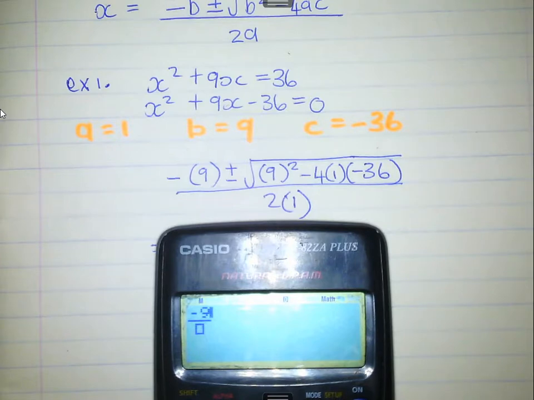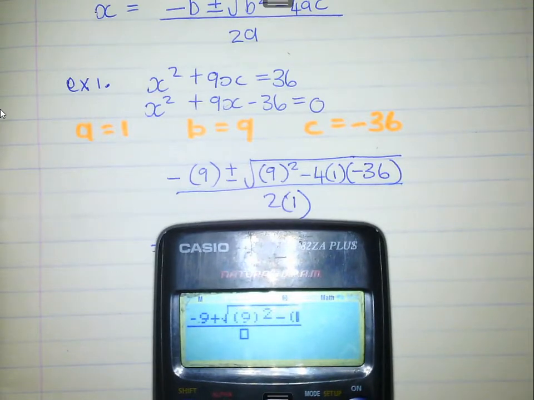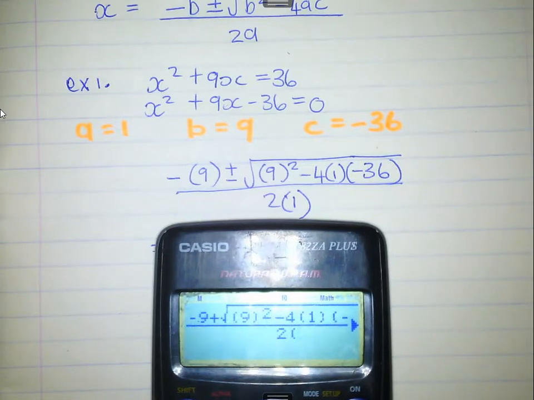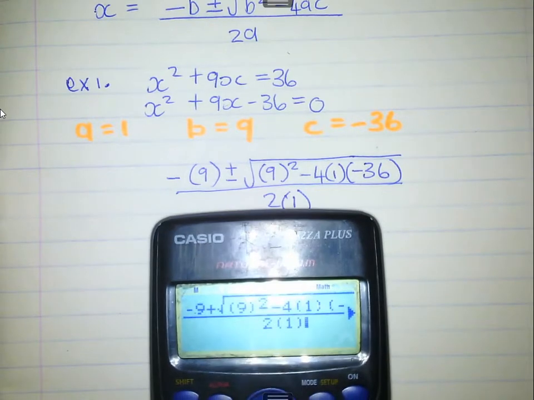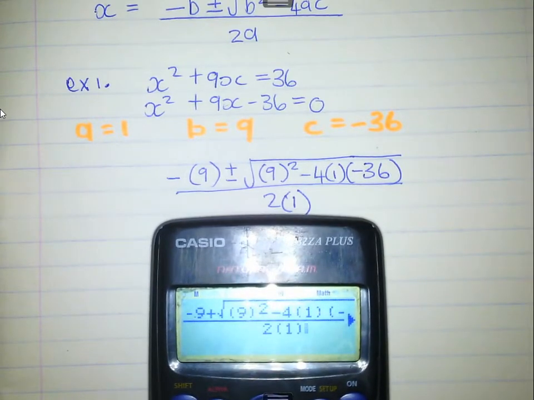It doesn't matter if you start with minus. Plus the square root of. And you type it exactly as you see it there: -9 plus the square root of 9 squared minus 4 times 1 times -36, divided by 2 times 1.